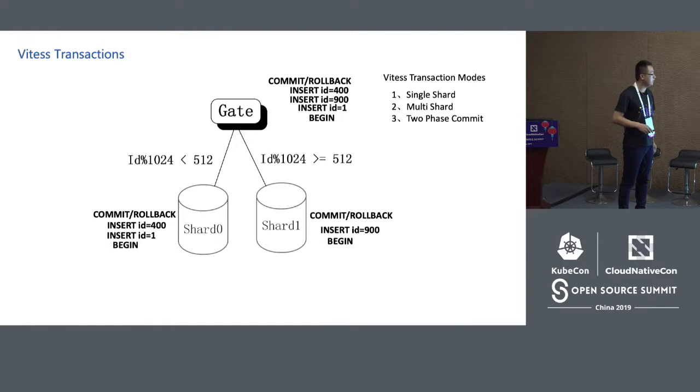This is the framework used by Vitess. We also once met a scenario. First, TPS is very high. This is an example, and we also use K8s. But there is some problem with it.